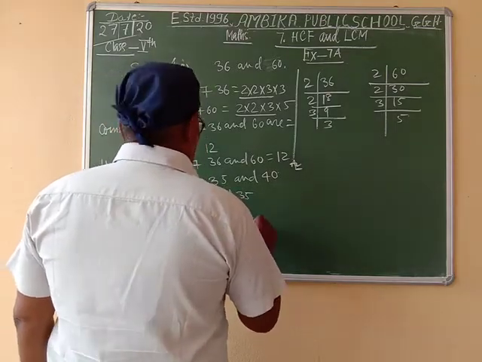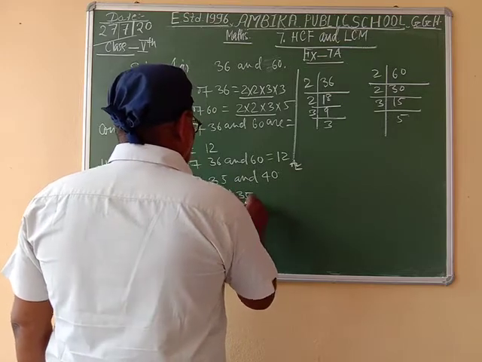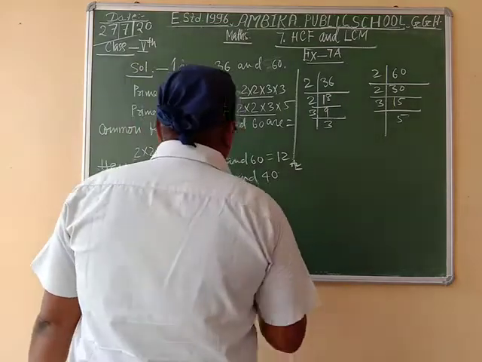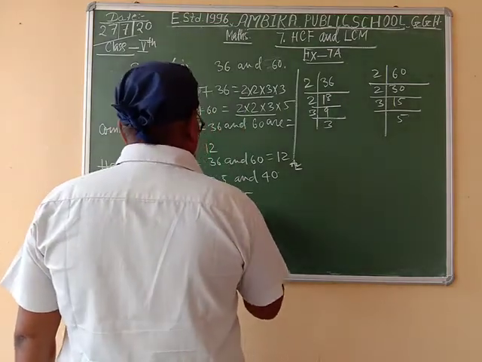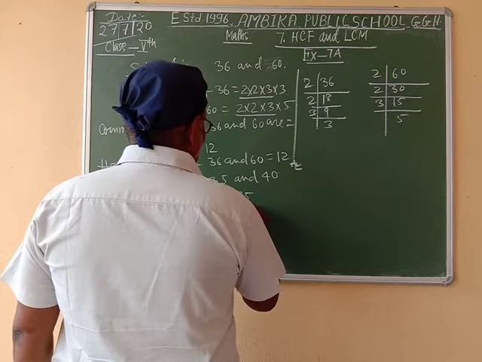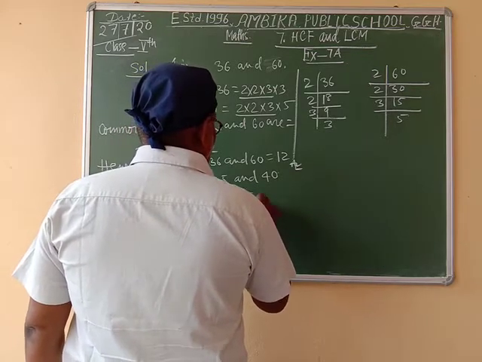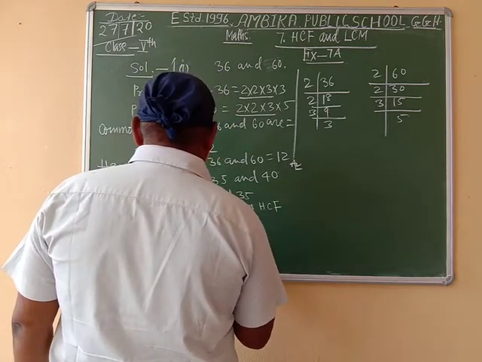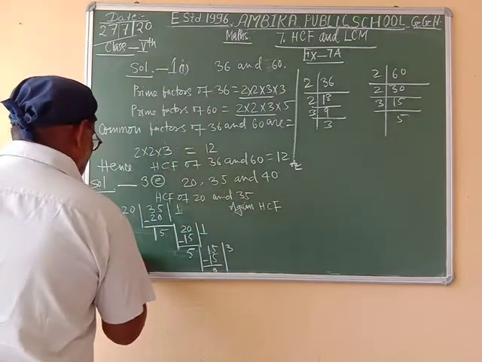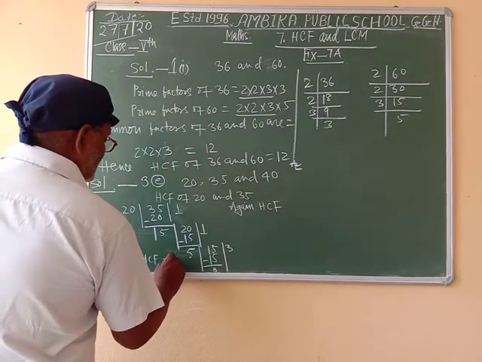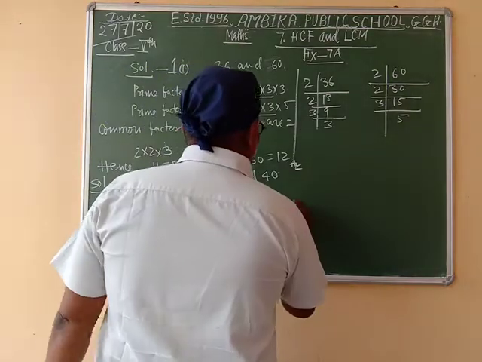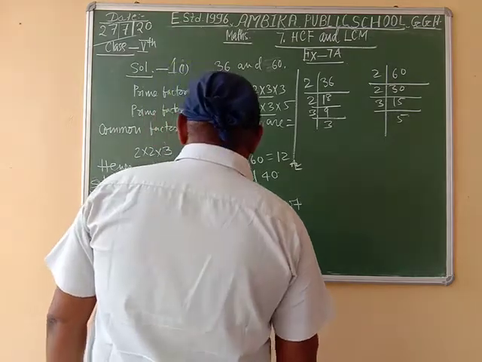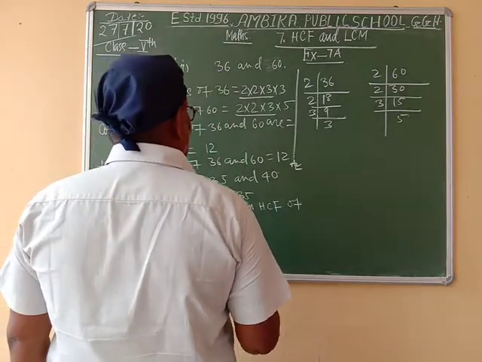Now, again, we find the HCF of 5 and 40. HCF is equal to 5.